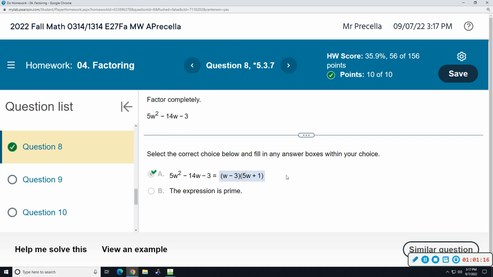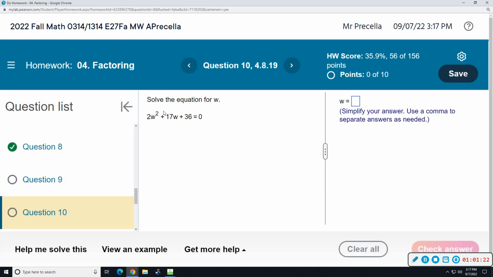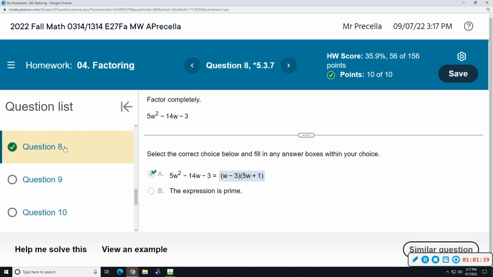There might be an equal sign down here where you're putting the answer, but not in the original statement of the problem. When you're solving an equation, your answer is going to be 2 numbers. Simplify it, use a comma to separate answers as needed. Notice, on number 8, at any time, the ones we've been doing, has it talked about using a comma to separate your answers? Well, no.